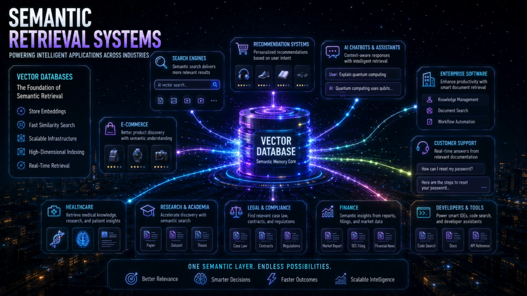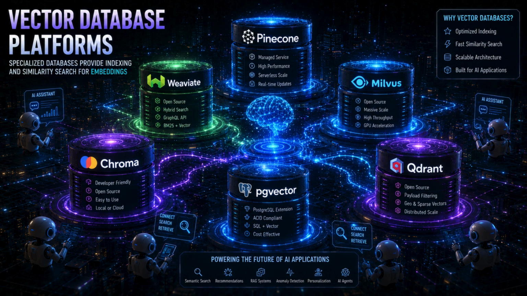You just don't realize it. Some popular vector databases are Pinecone, Weaviate, Milvus, Chroma, Qdrant, PGVector. Each has different strengths, but they all solve the same problem: fast semantic retrieval.